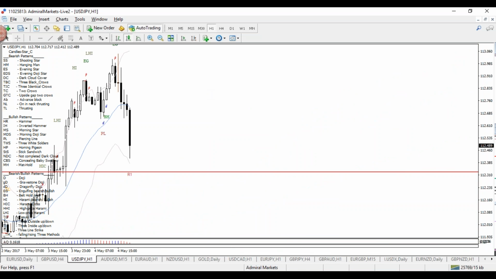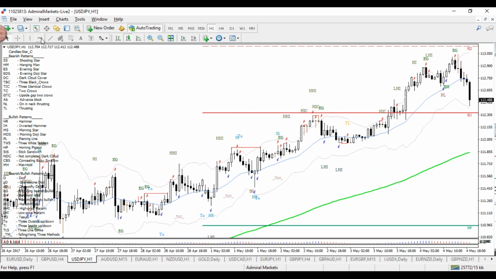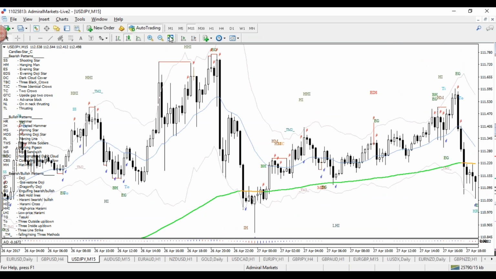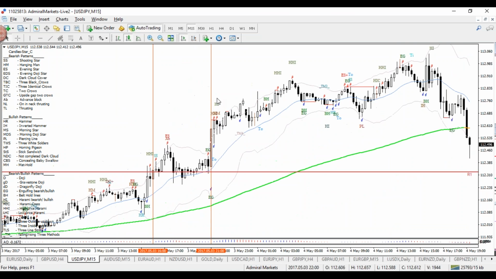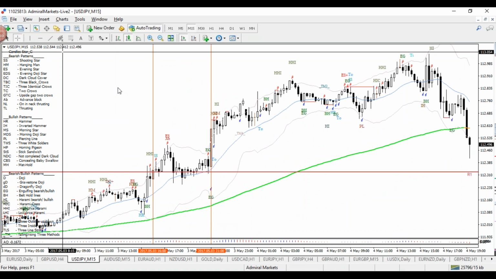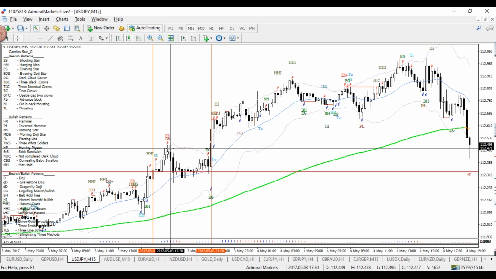So for instance, on the hourly chart, when looking at the dollar yen, we had a breakout here recently. This was the most recent breakout, and here. So on a lower time frame chart, I'm looking for a continuation. So we have a breakout.